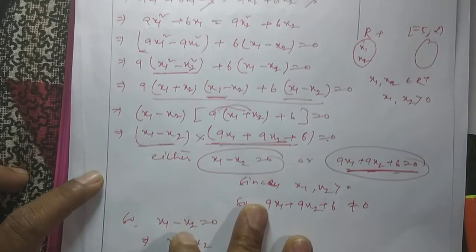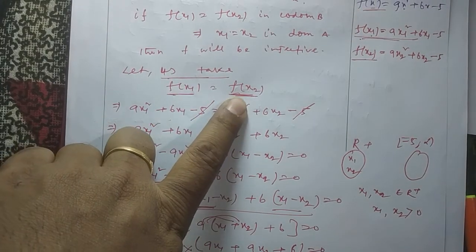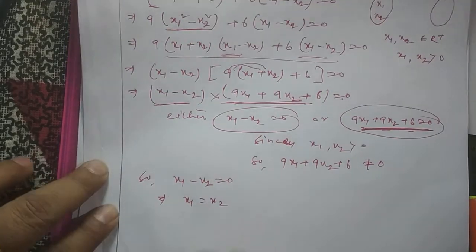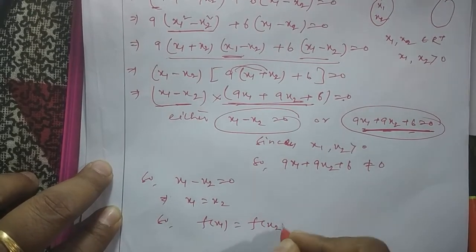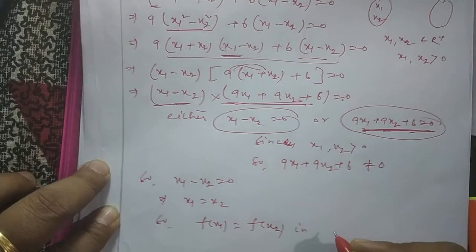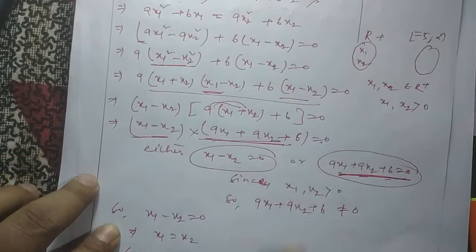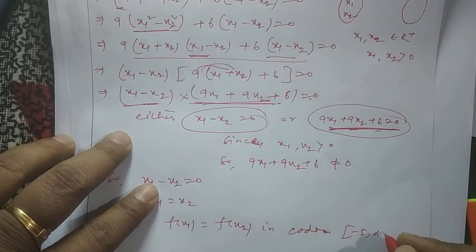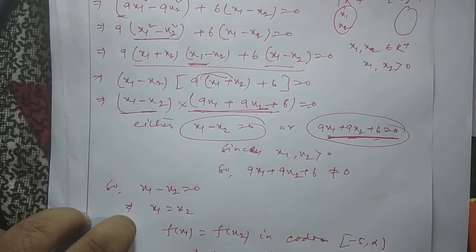Understood or not? Previously we took f(x1) equal to f(x2) forcibly, and finally we have proved x1 equal to x2. So we can say f(x1) equal to f(x2) in the codomain, minus 5 closed, infinity open, simply implies x1 equal to x2 in the domain R plus, correct?